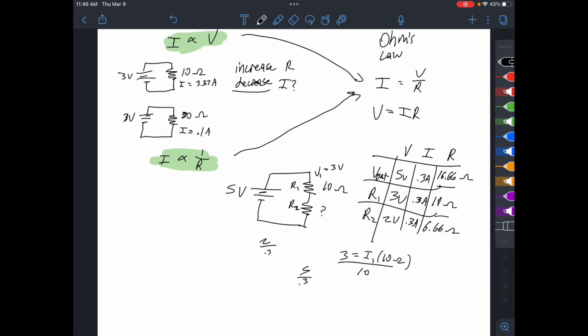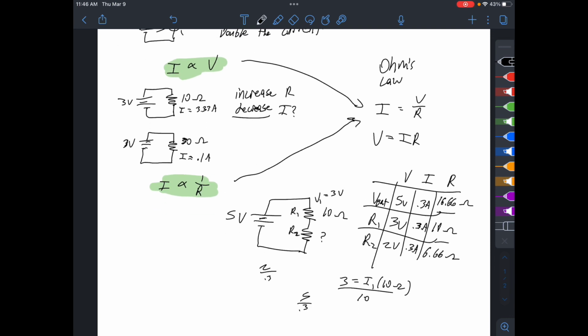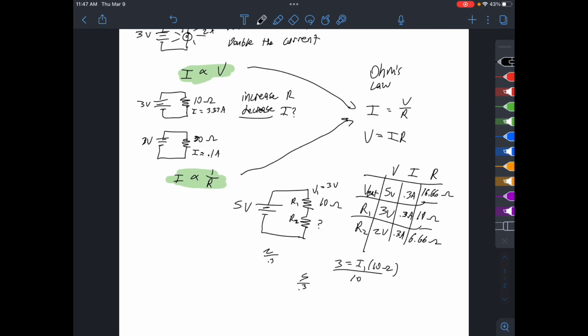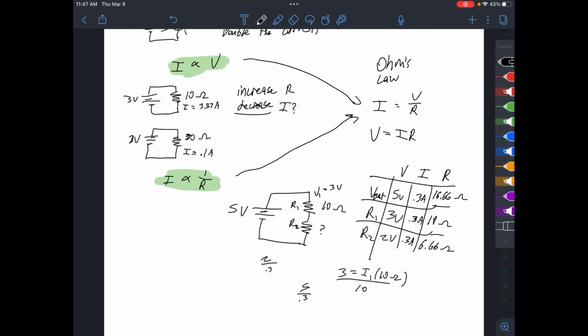And then I also know that I'm right because I'm in series. The equivalent resistance is the sum of these two, which is equal to 16.66. So I'm all good. That's kind of how you solve a missing value problem, as they're called, using Ohm's law.